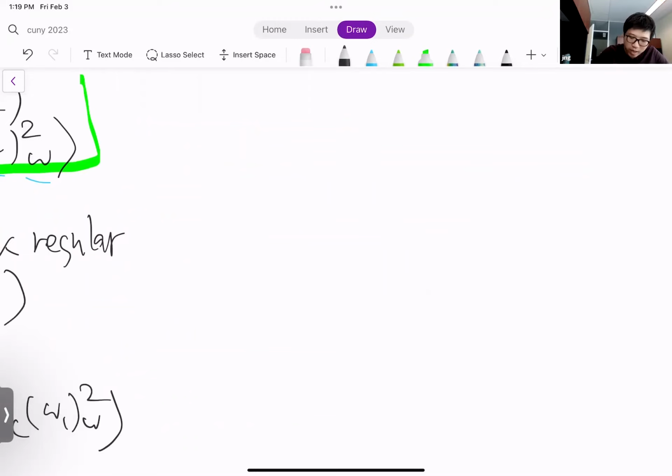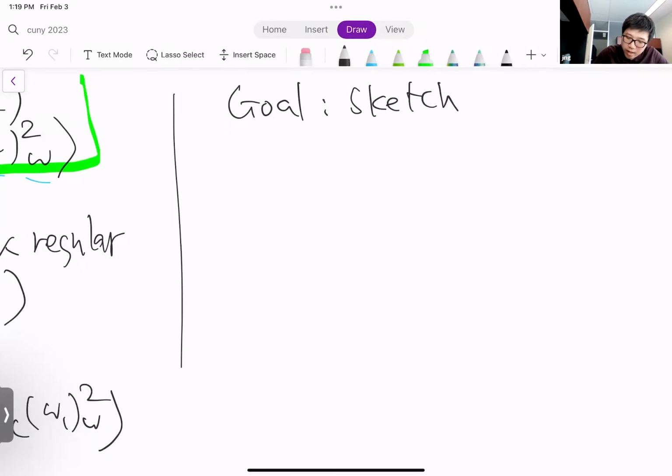Okay, so let me give you the assumption. Again, let me remind you of the goal: the goal is to sketch the proof of omega 2 arrows, omega 2 to omega, right? And we need some assumption.